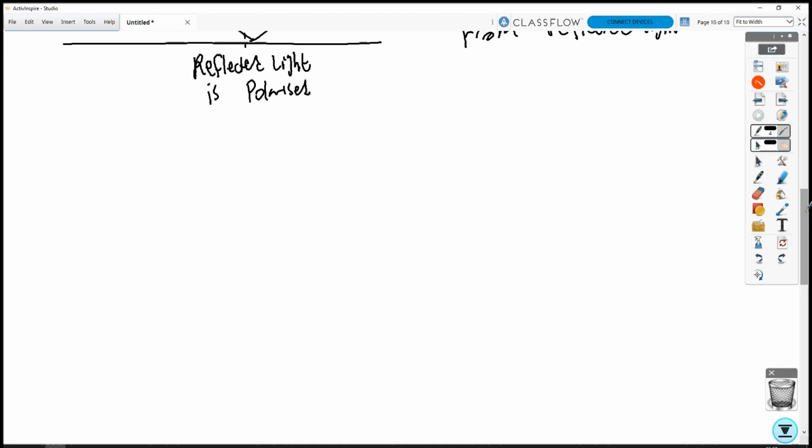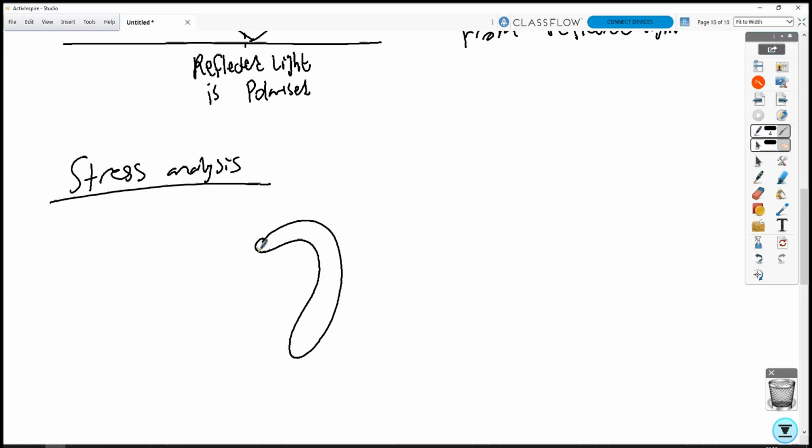Another application is stress analysis. So if we had some perspex object that had some bends in it, we could cross some polarizers.